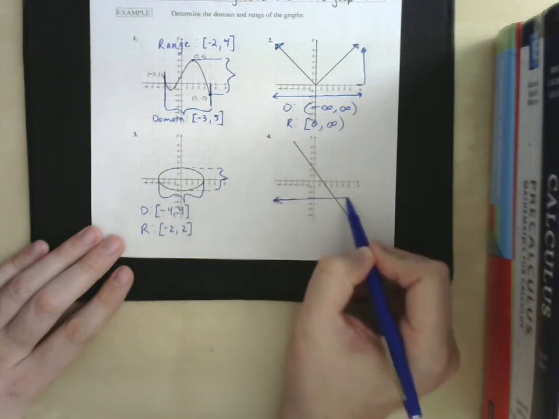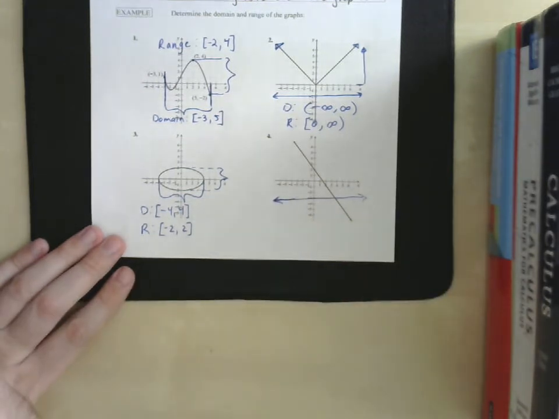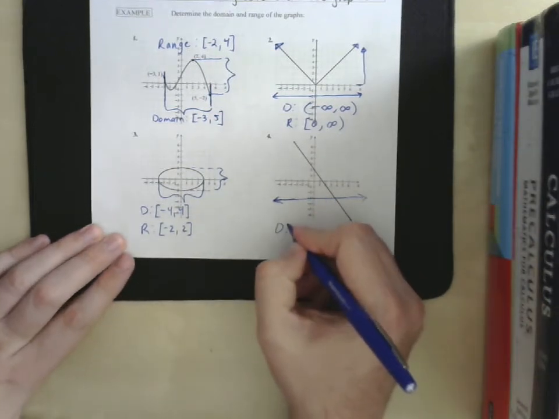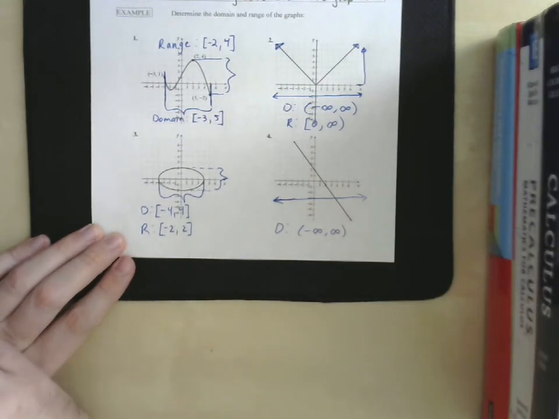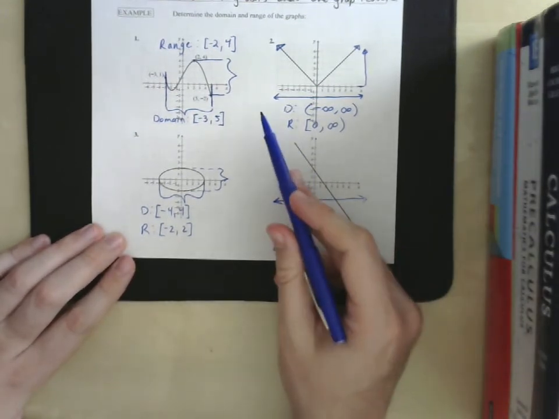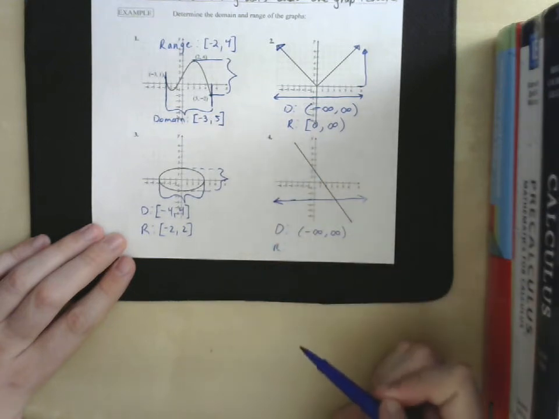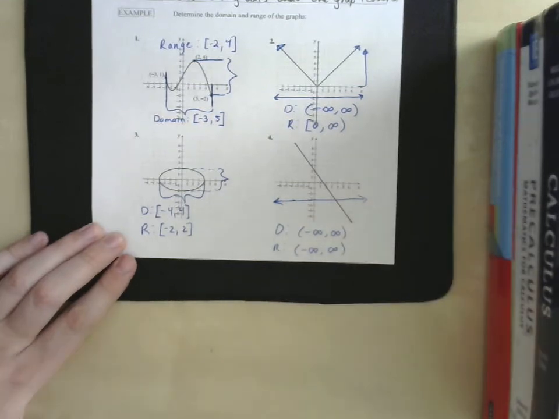And as we go to the right, it's going down forever, and it's going to continue to the right forever, slowly but surely. So our domain, once again, is negative infinity to infinity. And our range, if this is going to keep going bigger, and this side is going to keep getting smaller, also is negative infinity to infinity.